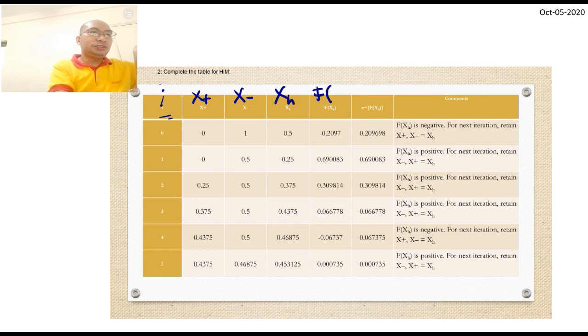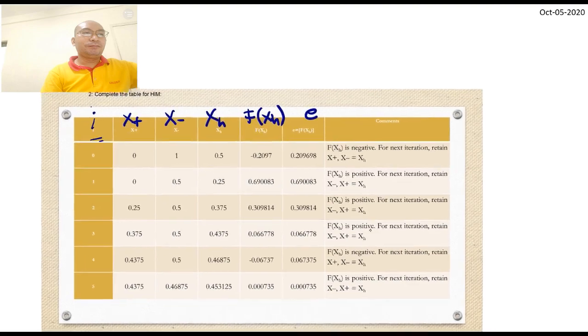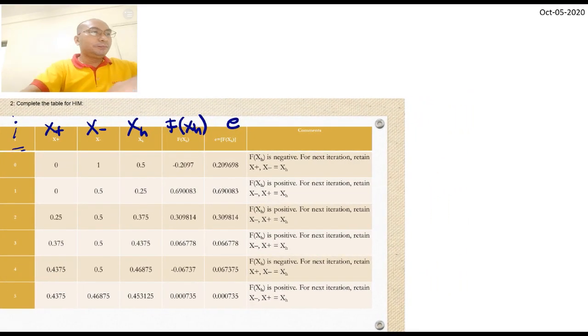This is the function of x sub h, or the value of the function if we substitute the value of x sub h in the equation, and the last column will be the value of error.